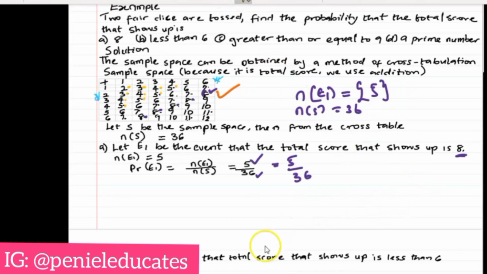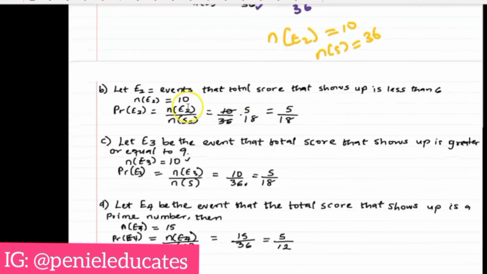So that means the number of outcomes for event E2, the total score less than 6, is 10. And don't forget our sample space for all the events is 36. So we have 10 over 36, and if you simplify that, it gives you 5 over 18.